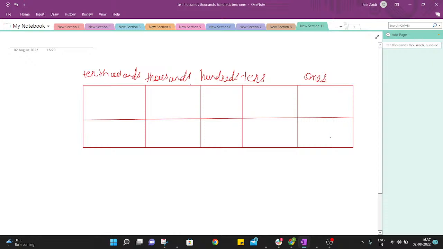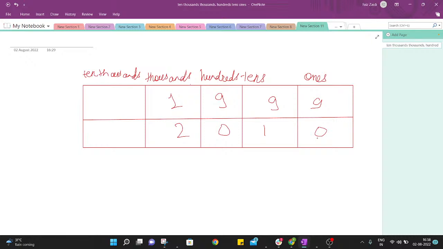Now let me give you another example. Now let's talk about the numbers in thousands. 1999 or 2010. It's your say. Please tell me which column are we going to look at first to compare these numbers? Which column are we going to look at first? I think you must have said the thousands column, because this is the largest column here.